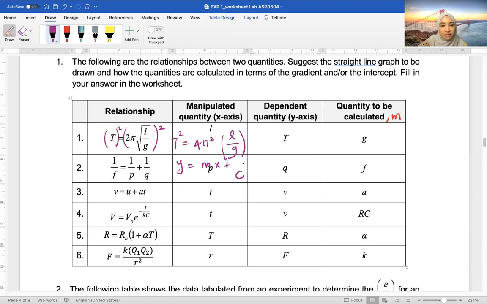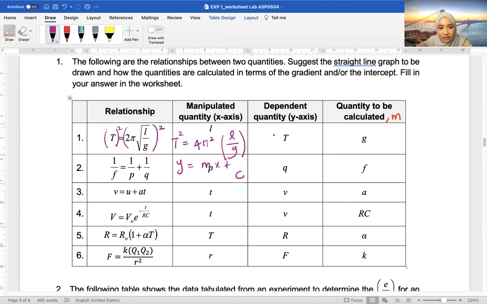Okay, ada jawapan lain tak selain 4 pi squared ni? What is my c in this case? No one? So everyone agrees it's a 4 pi squared, or maybe no c. Zero.